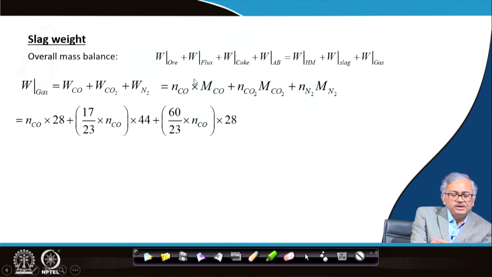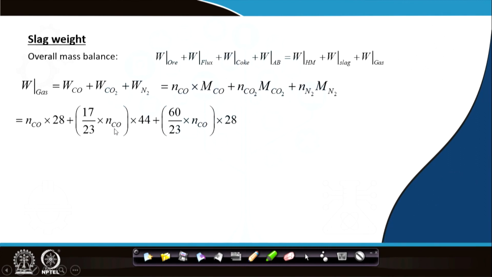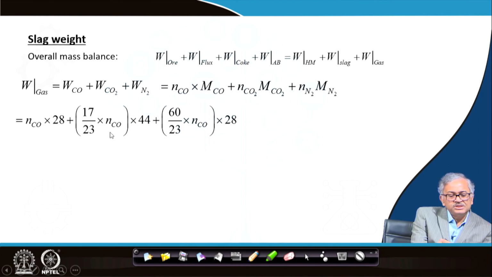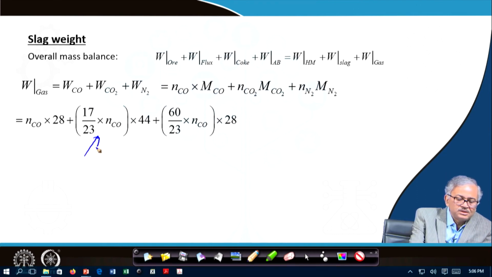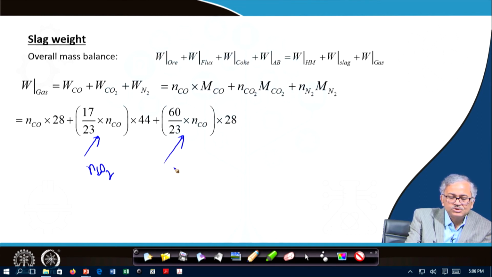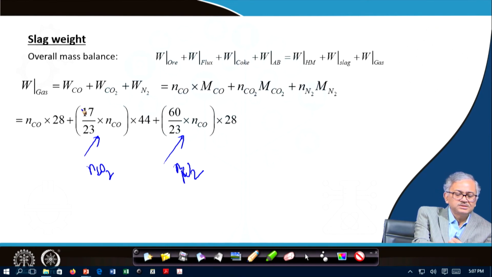That is NCO into 28, the molecular weight of CO, plus 17 by 23 into NCO, which is the moles of CO2. And similarly, this is the moles of nitrogen, 60 by 23 into NCO. So moles of CO2 is multiplied by the molecular weight 44, and the moles of nitrogen is multiplied by its molecular weight, 28.